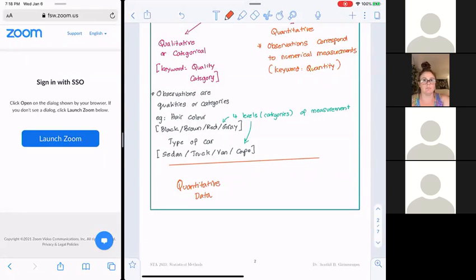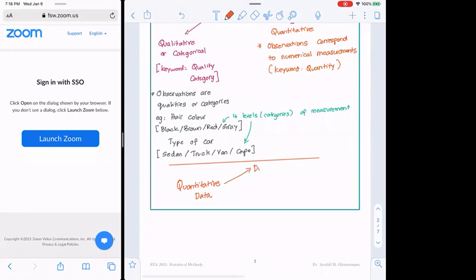When we have quantitative data, we can classify it furthermore into 2 types: discrete and continuous.